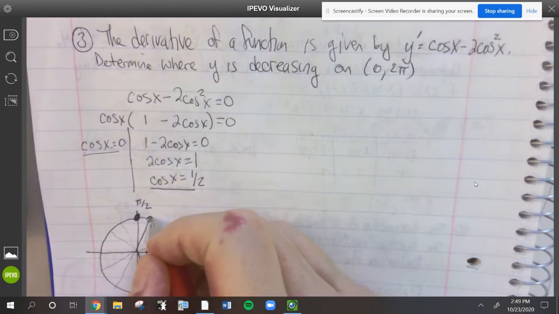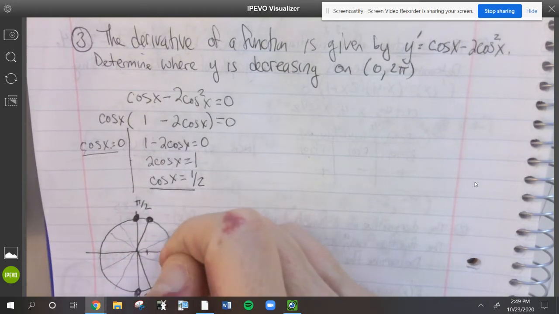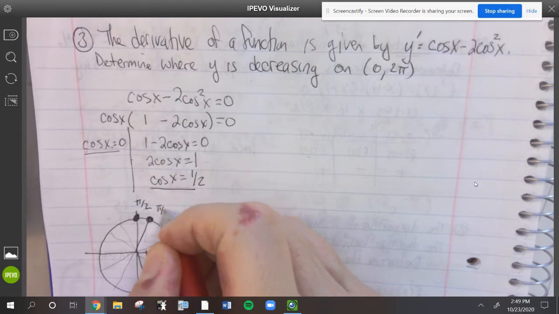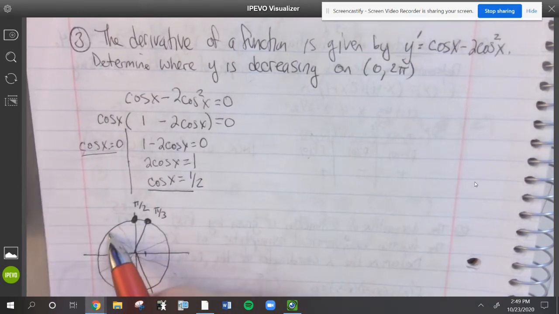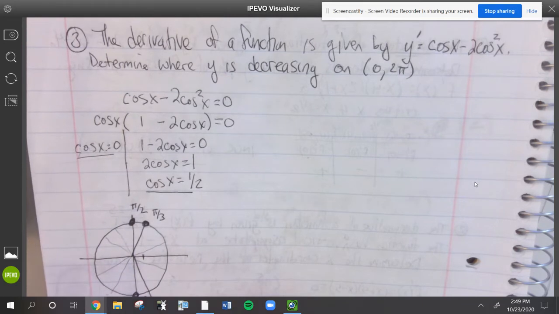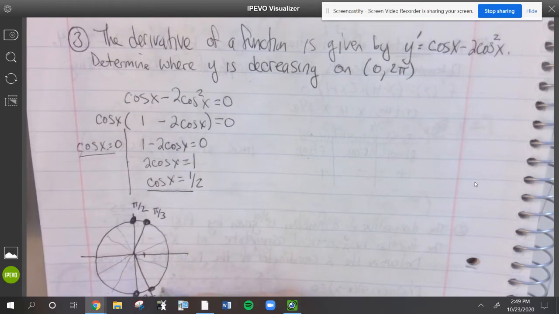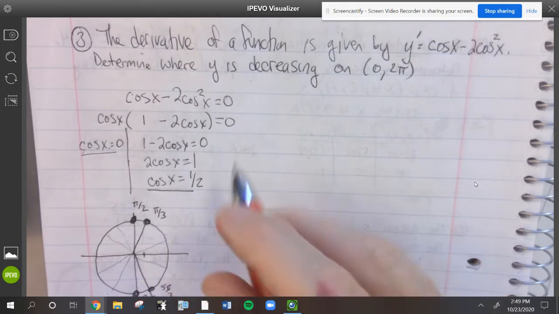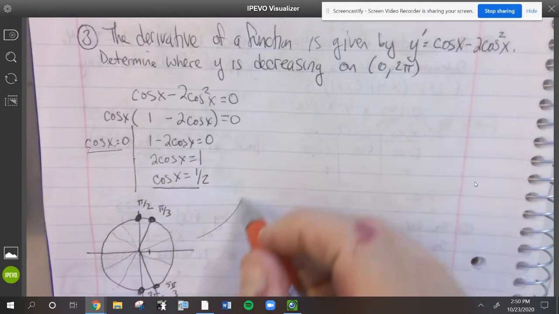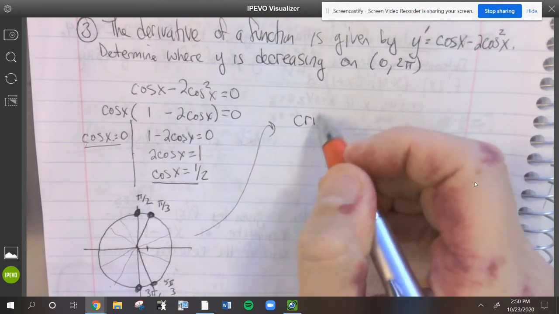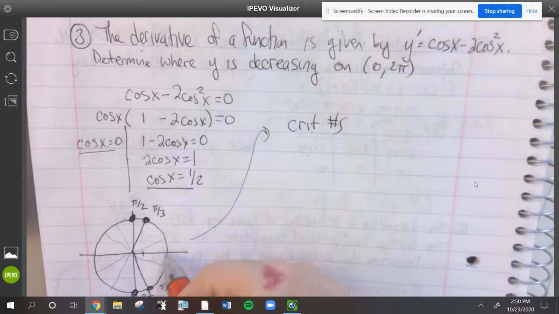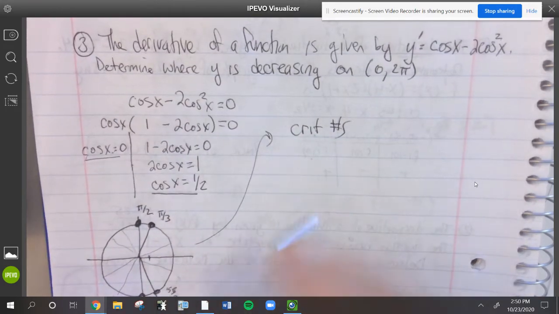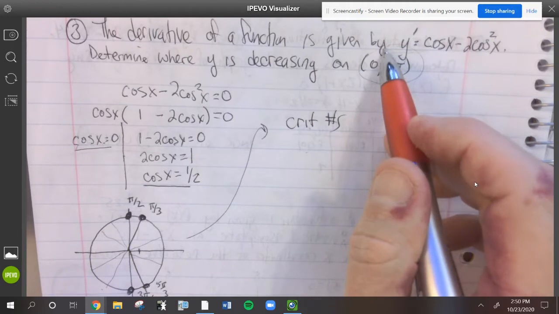But this is pi over 6, 2 pi over 6, 3, 4, 5, 6, 7, 8, 9, 10 pi over 6. So our critical numbers in order are pi over 3, pi over 2, 3 pi over 2, and 5 pi over 3. And that's from 0 to 2 pi.